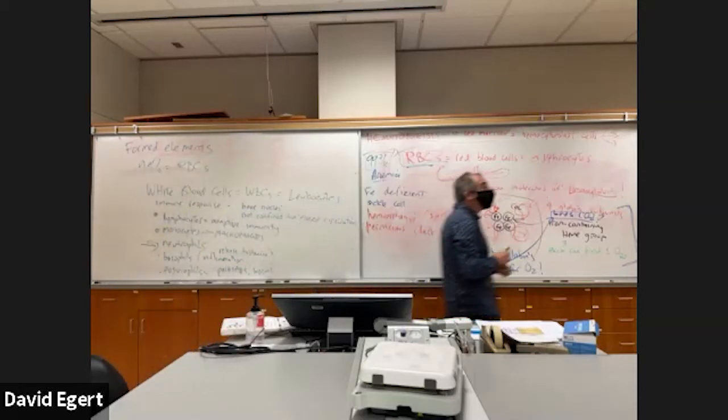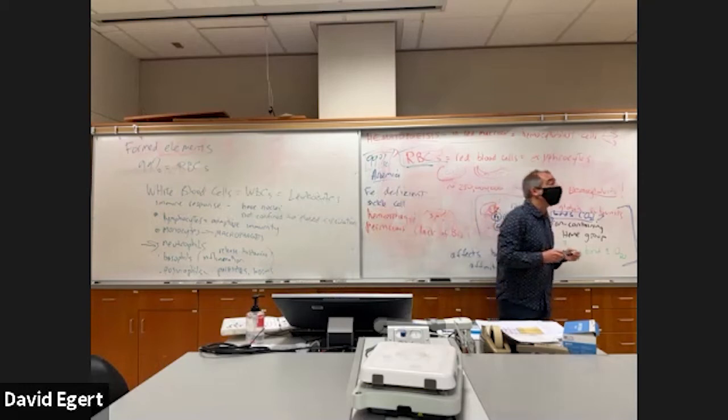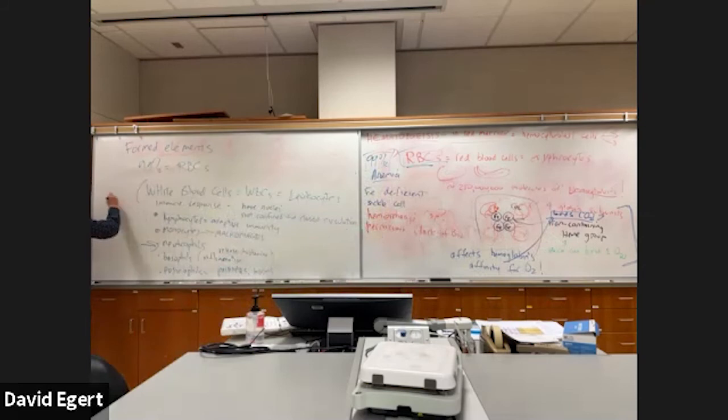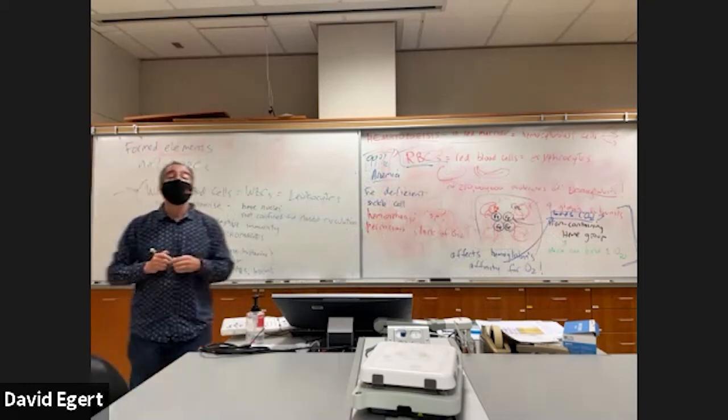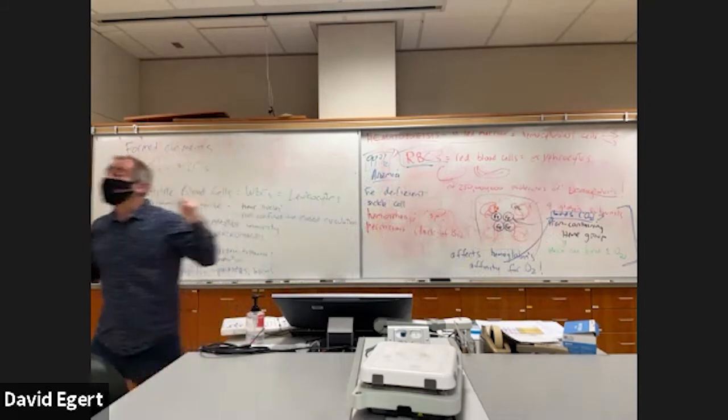So the immune system in general is still a major work in progress in trying to understand what the heck is going on with it, how it works. So white blood cells, we will come back and talk about them, but not right now, because we're going to move on to our final topic in the blood, which is hemostasis, which is stopping bleeding.